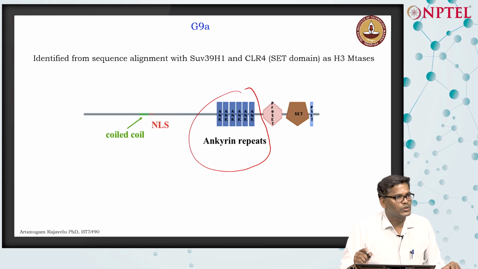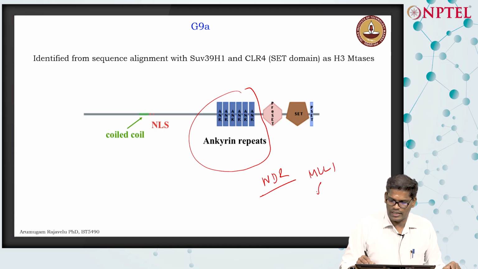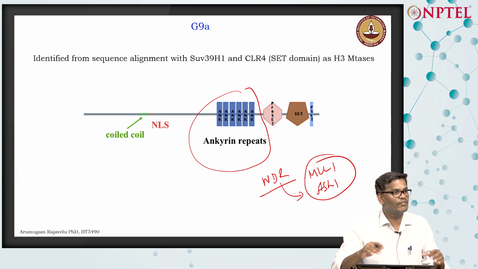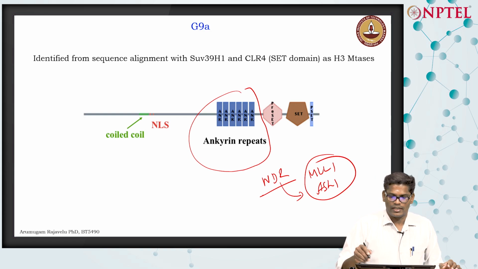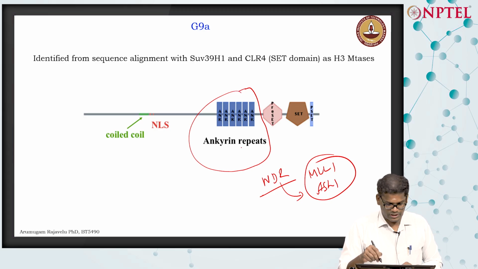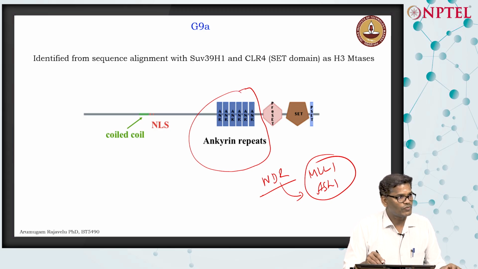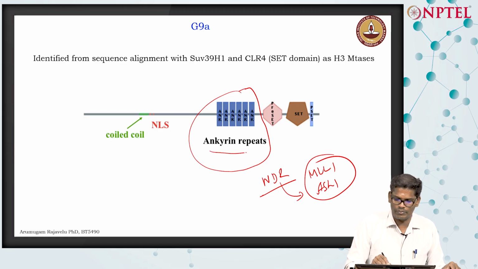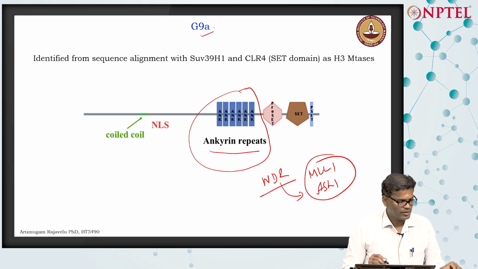It is similar to the WDR I explained for the histone 3 lysine 4 methyltransferases, Set1 or MLL complex, ASH1. For that complex it helps to convert di to tri, but here it also functions as a protein docking site to recruit many repressive proteins in the euchromatin regions. That is the function of this repeat region in G9A.